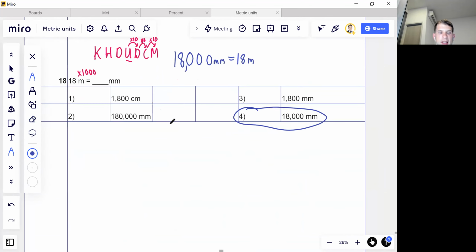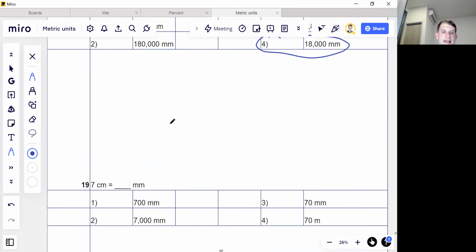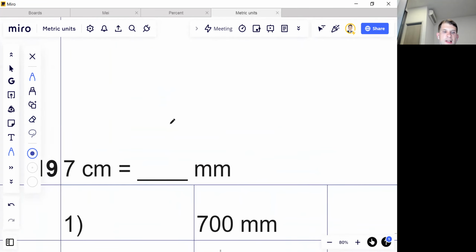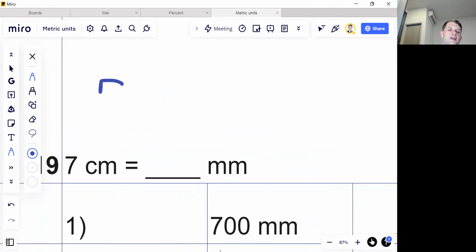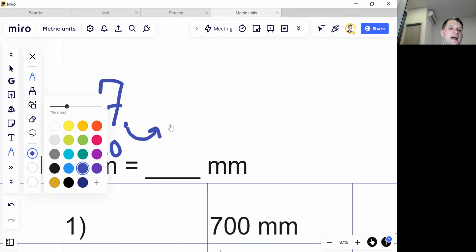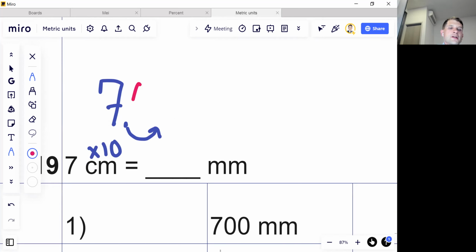Okay, next one. 7 centimeters to millimeters here. So this one's going to get easier, hopefully. We have 7 centimeters, and we're going horse to a fly. You must multiply. In this case, we're going to multiply by 10. Just move our decimal one place to the right, and we see that that's going to be the number 70.